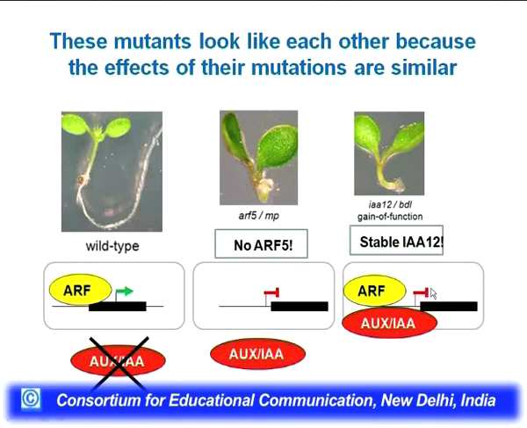Similarly, if you look at a case where the AUX/IAA could not be degraded, here auxin is there, but due to some change, called a gain of function mutation, this IAA is not able to degrade. So, auxin is there, ARF is there, everything is there, but this is a mutant IAA which is resistant to degradation, and then there is no signaling.